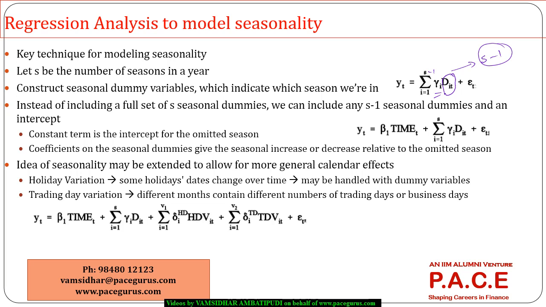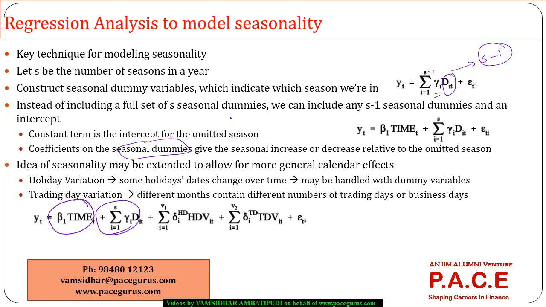And I can integrate this with the trend as well. So here if you see, we are including the trend part. Along with that, we are considering the various dummy variables created and their coefficients separately. So we can include the trend part as well as the seasonality part into one single equation itself. So the coefficients on the various seasonal dummies.